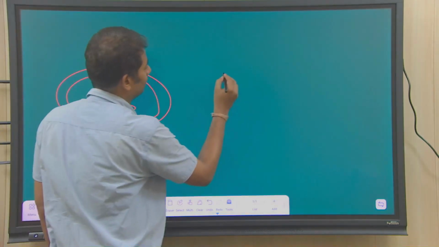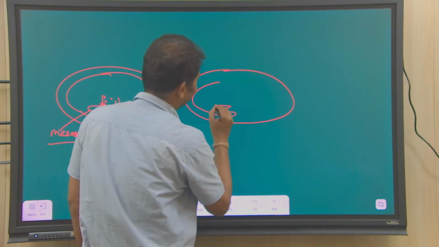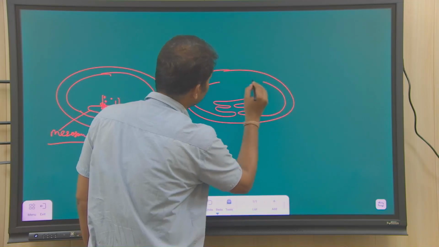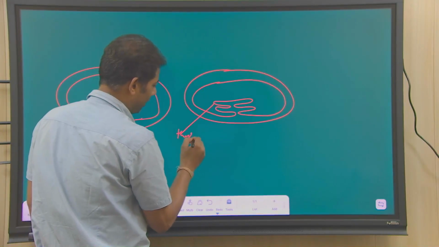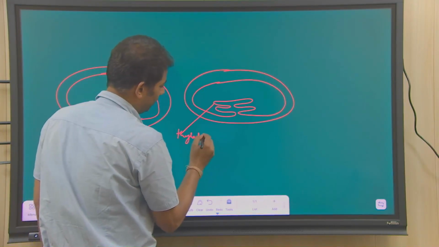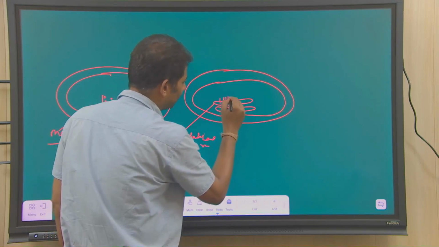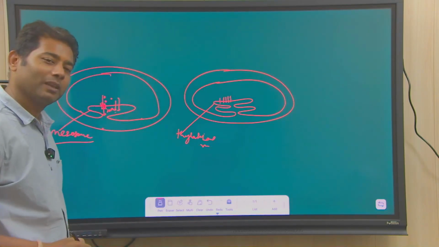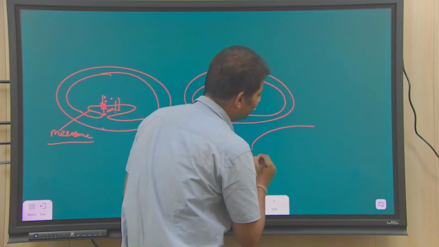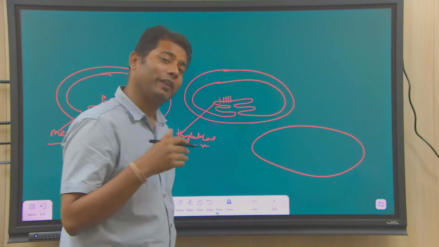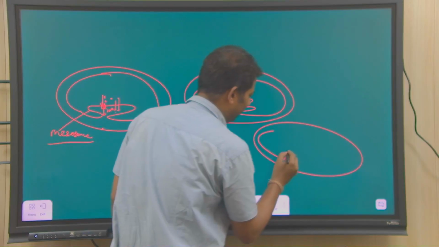In case of plants, we observe a cell organelle, that is chloroplast. And what is the structure? It is the inner membrane, that is called the thylakoid membrane. And the gradient is created across this inner membrane, and ATP is generated. We observe another cell organelle that is also called the powerhouse of the cell, that is mitochondria.